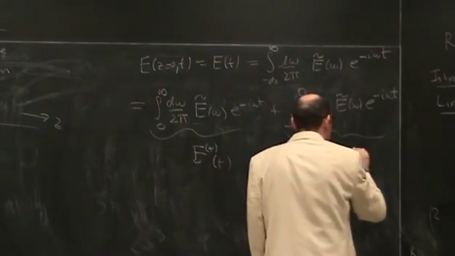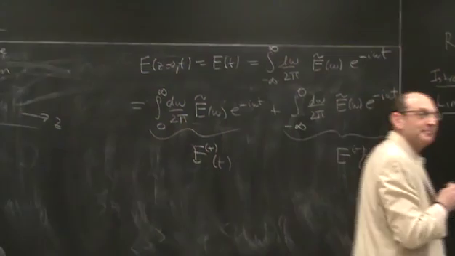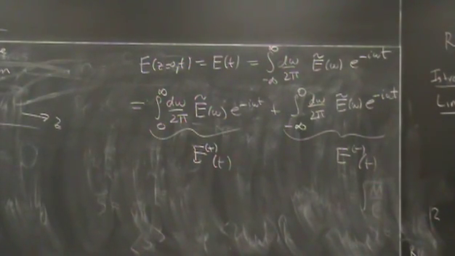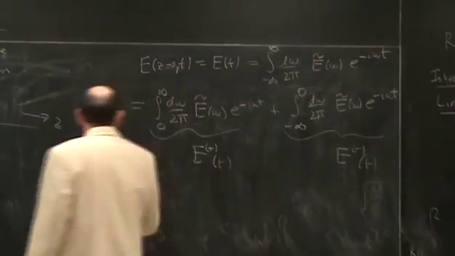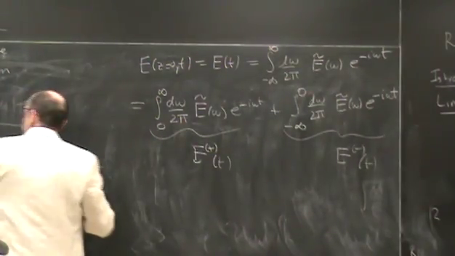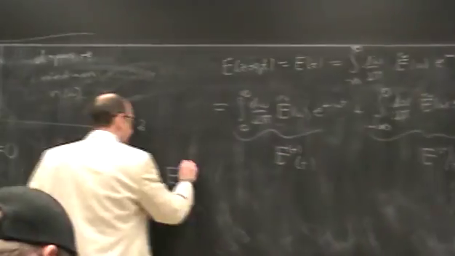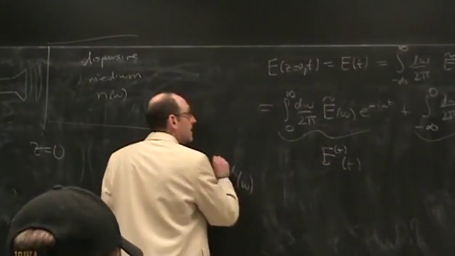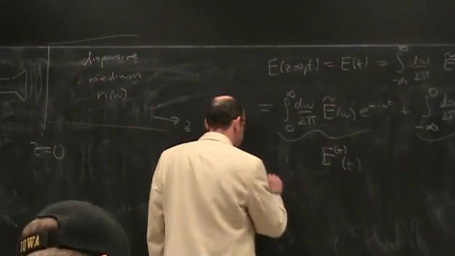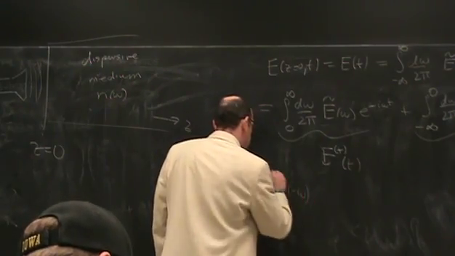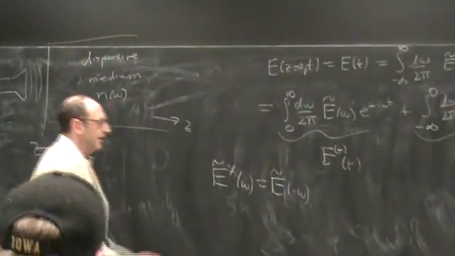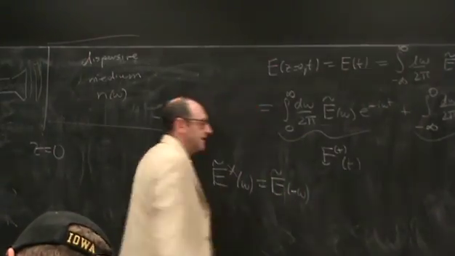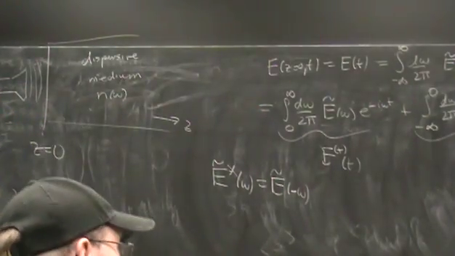I'm thinking about quantum. Not quantum. Okay? And you will also recall that if this is a real field, the Fourier transform satisfies that when I take the conjugate, I just set omega equal to minus omega.